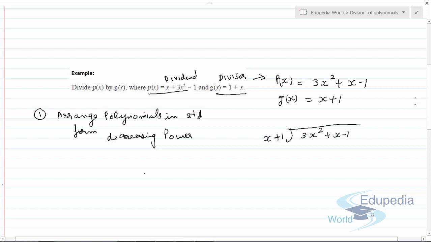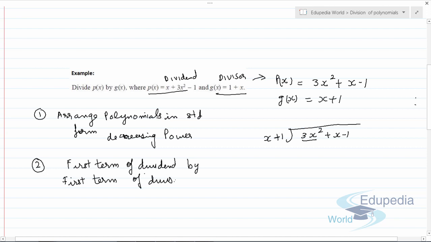Now the second step is to divide the first term of the dividend by the first term of the divisor.